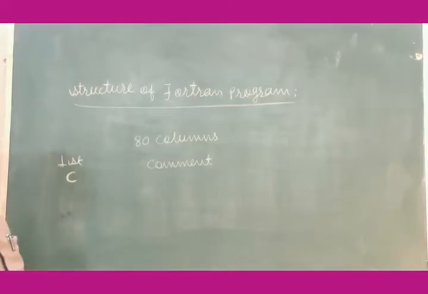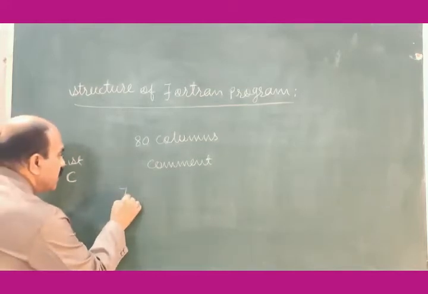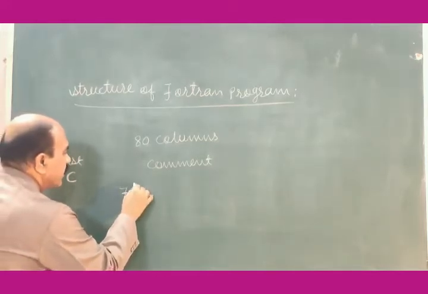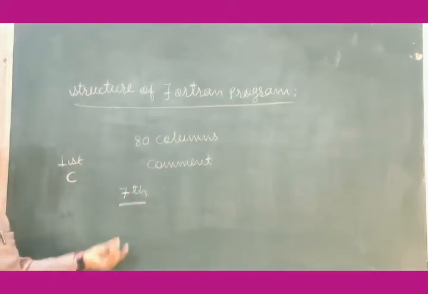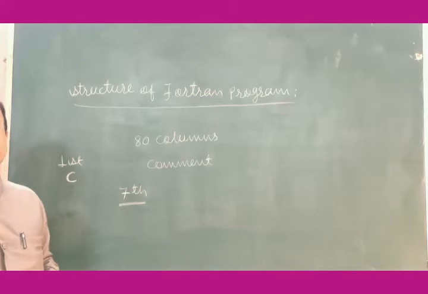In the coding sheet, you are not allowed to start your program from the first column. You are allowed to start writing the program from the seventh column.